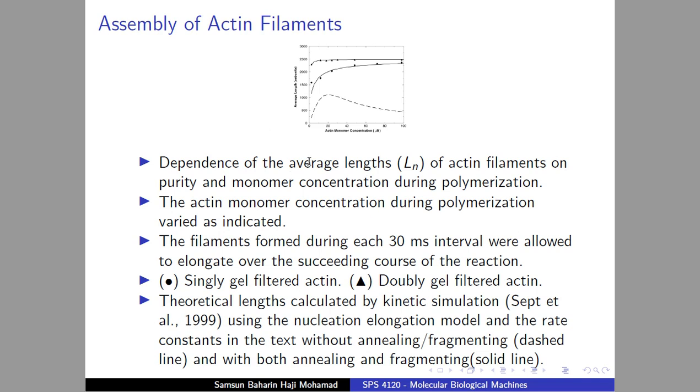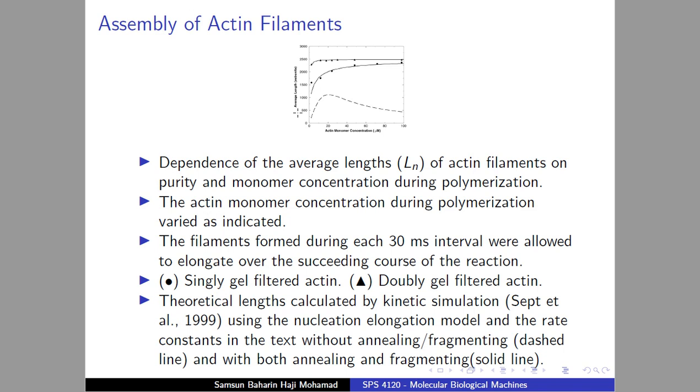It depends on purity and monomer concentration during the polymerization. For pure actin filament, there will be a lot of association. Others will have less association. The actin monomer concentration during polymerization varied as indicated.